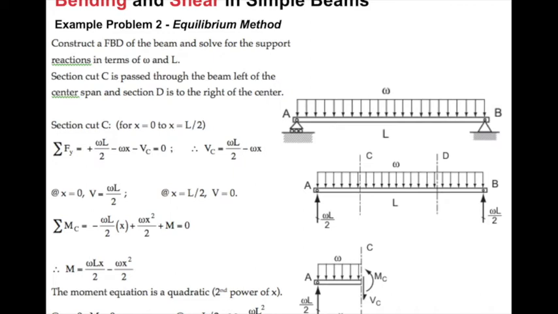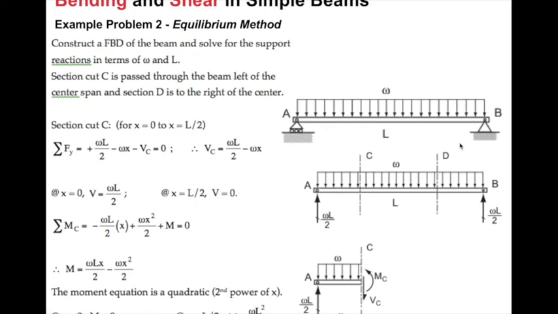Before we look at this, we can sum up the process to calculate the V diagram, the shear diagram, and the bending moment diagram. The first step is we need to calculate the reaction force at each individual joint.